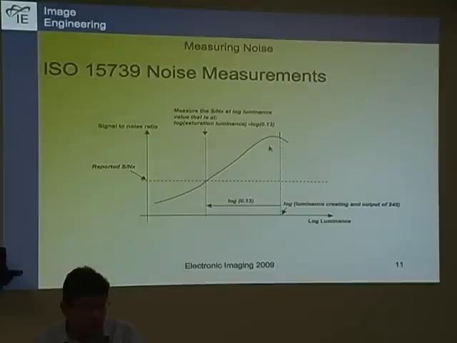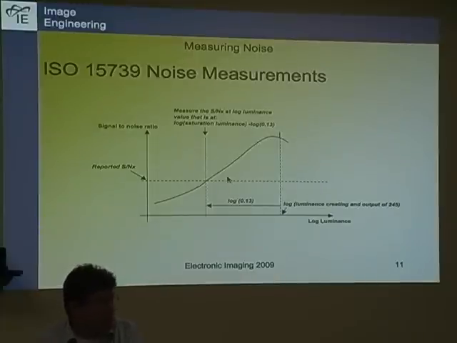So this is not the OECF, this is a signal-to-noise ratio curve, and we select the signal-to-noise ratio here, and that is the reported signal-to-noise ratio. So that basically adjusts for the different tonal corrections the different cameras do. So this way will lead to more standardized reportings of the values.